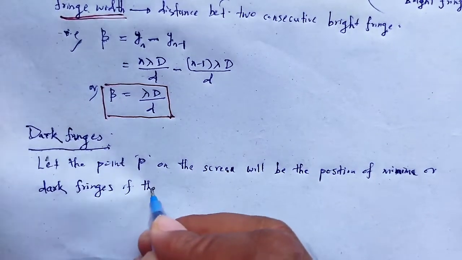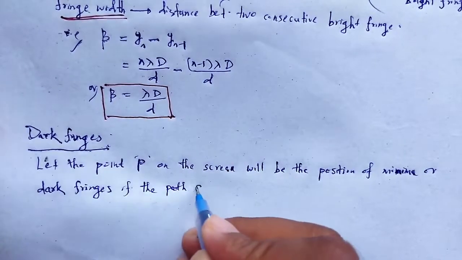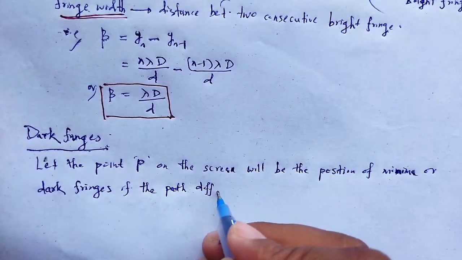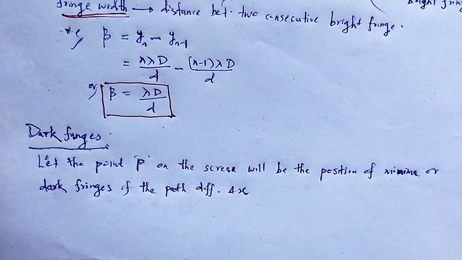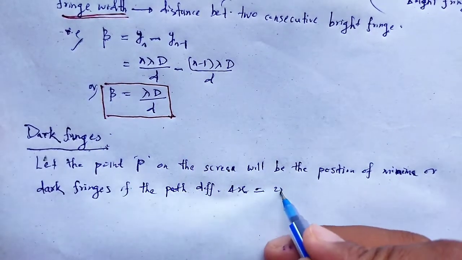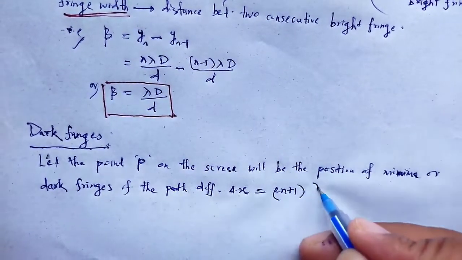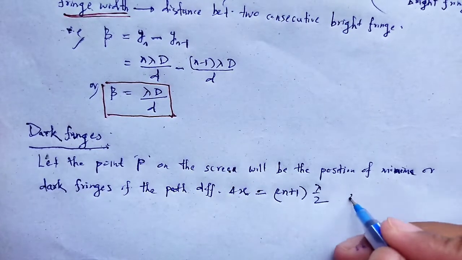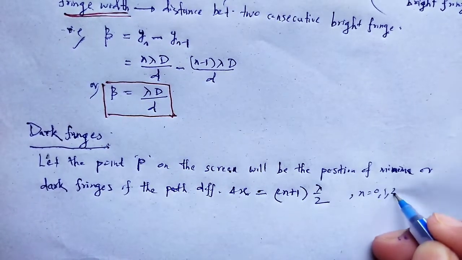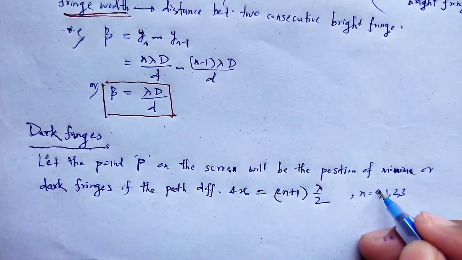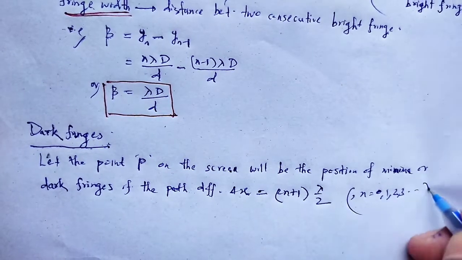If the path difference del x is equal to an odd multiple of lambda by 2, where n is equal to 0, 1, 2, 3, not 0, that starts from 1, like this.